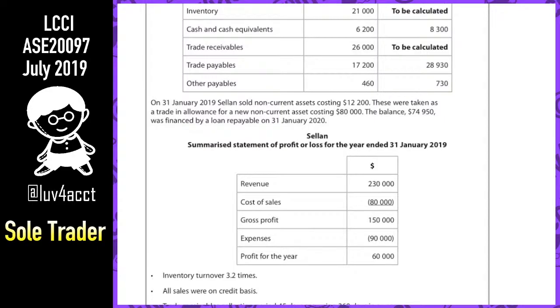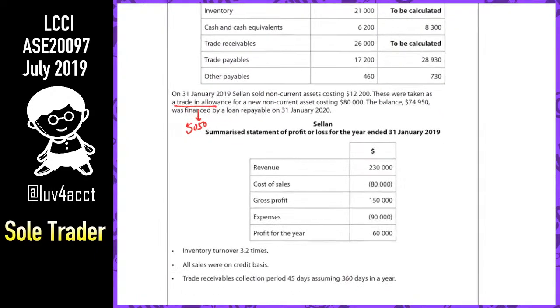The balance was financed by a loan repayable on the 31st of January. So the trade-in allowance is not much, 80,000 minus this. The trade-in allowance is only 5050.